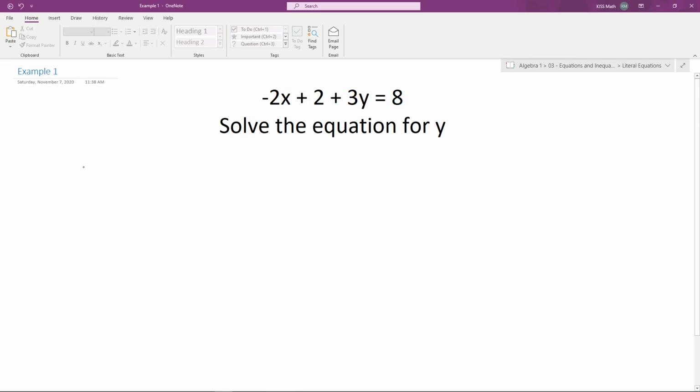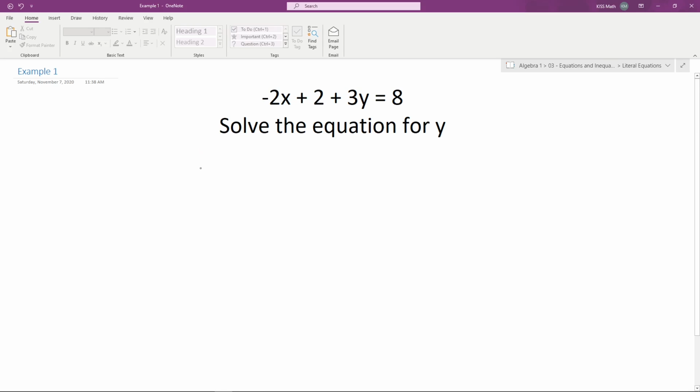Let's do an example. So here we have an equation, negative 2x plus 2 plus 3y equals 8. And it's telling us to solve the equation for y. So that means we need to isolate everything with a y on one side and move everything else to the other side. So the first thing I'm going to do is move this negative 2x and this 2 to the other side here.